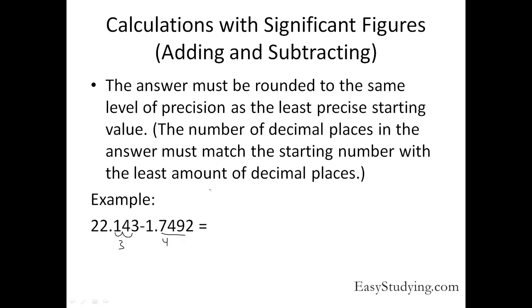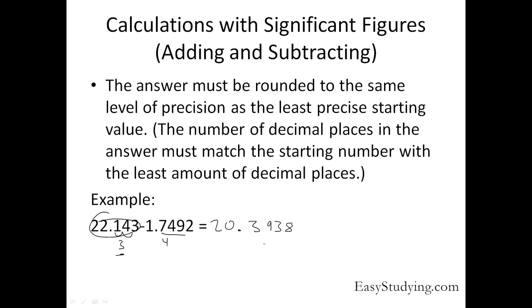So when we do our calculator answer, we get 20.3938. Now, because of the principle of significant figures, we must match the least amount of decimal places from the starting values. So whichever one has the least, that's the amount we need to use. So over here, this one has the least amount of starting decimal places, which is 3.